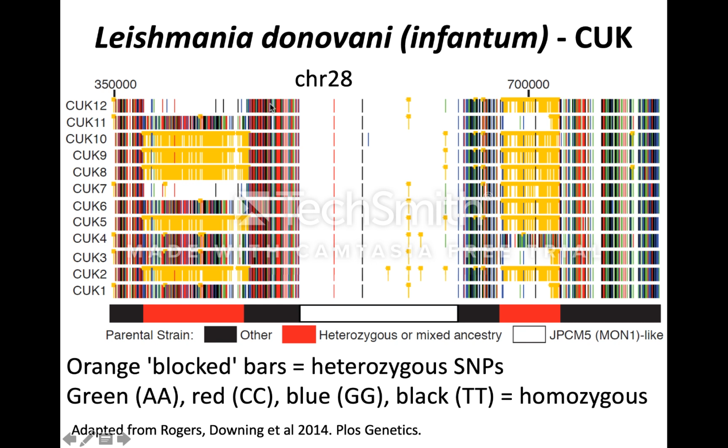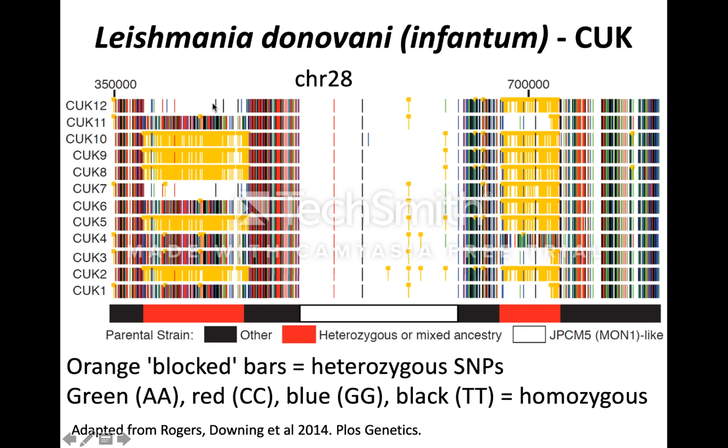And so you have other regions like the coloured bar here shown for Cook12 that has a very high density of heterozygous SNPs. So this region appeared to be different. So what we saw was that there are some regions that are like one parental strain shown in black, other ones that are shown like the JPCA5 L. infantum reference shown here in white, and some that are mixed in red. And what you see here for this set of very closely related parasites is that the segments differ.